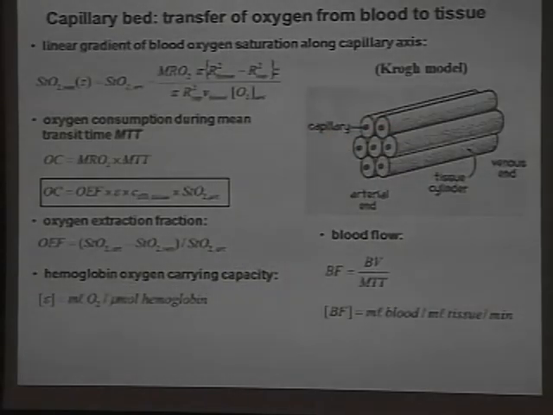And then we can express that oxygen consumption as the oxygen extraction fraction. This is nothing but the drop of the oxygen from the arterial end to the venous end, normalized to the saturation at the arterial end, times epsilon, the so-called Hüfner factor.